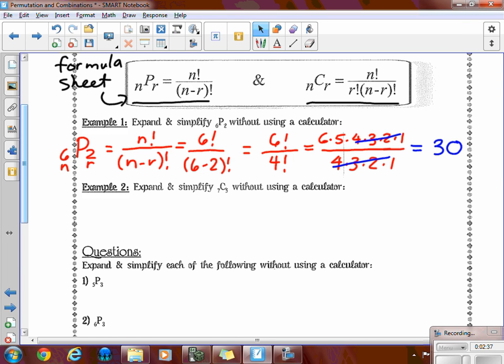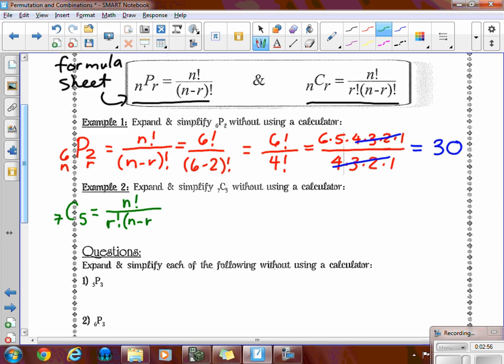So let's look at the next example now. The next example is saying, let's expand and simplify 7C5 without using the calculator. So 7C5. I'm going to start by writing down what this is. This is the formula from up above, or our formula sheet. Substitute in the values we need.